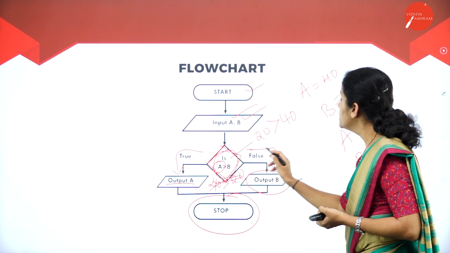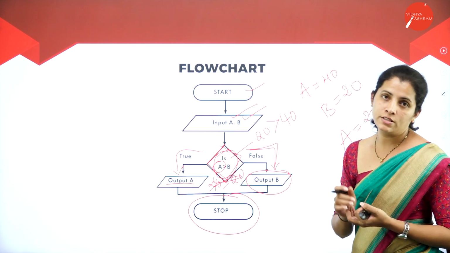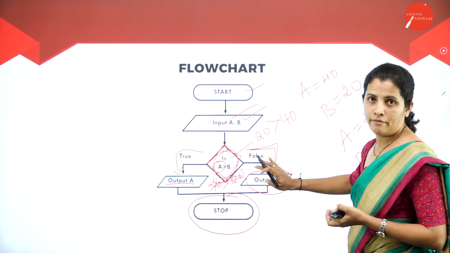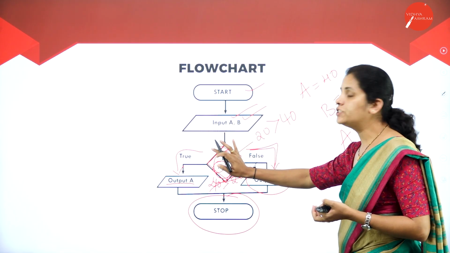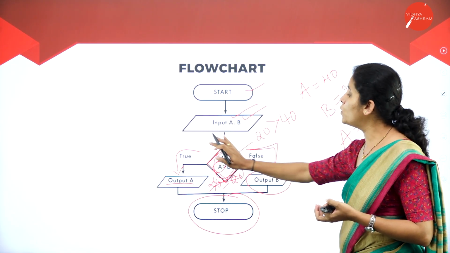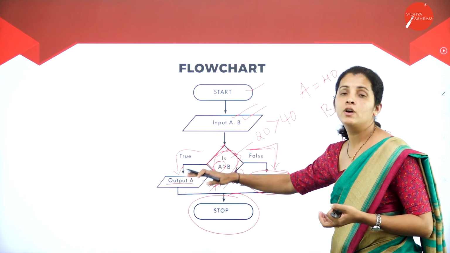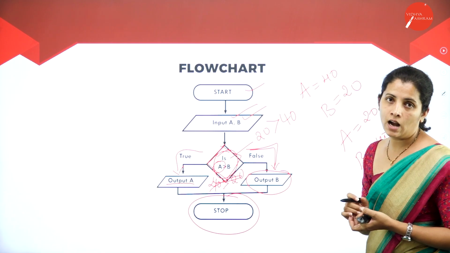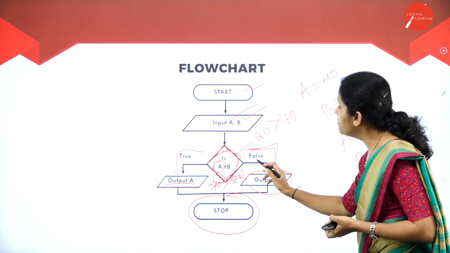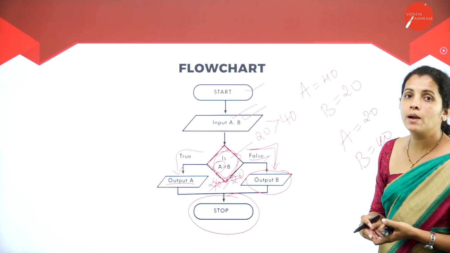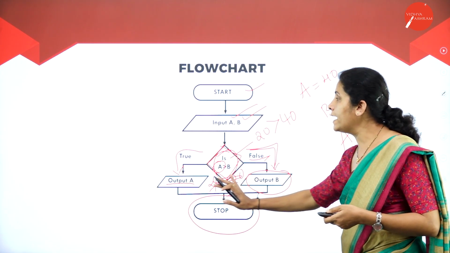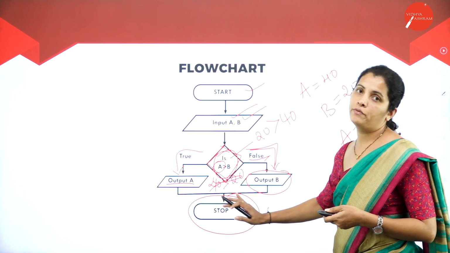I'm going to use false condition. That means I'm going to print B value because the condition is false, so it won't execute first half. What it will do? It is going to jump to second half. So that is my false statement and I'm going to display B value. And at the end, I'm going to stop my flowchart.